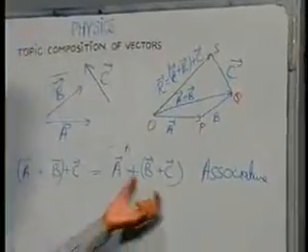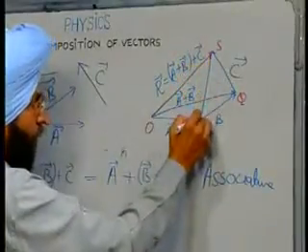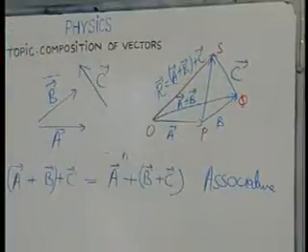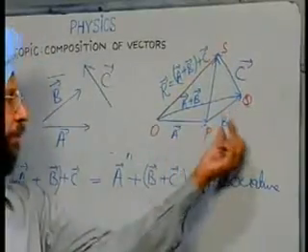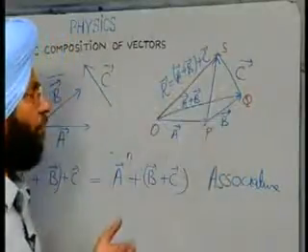Now, if we add B and C first, we can use triangle PQS. In the triangle PQS we have B vector plus C vector.